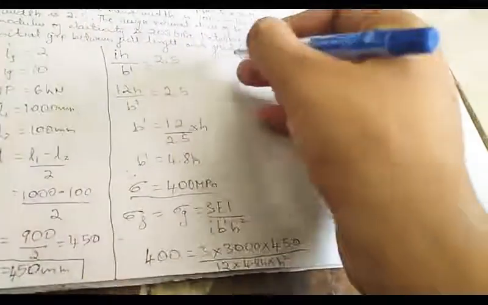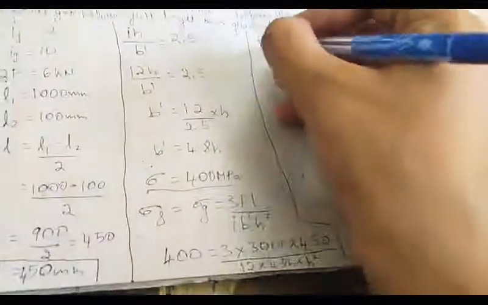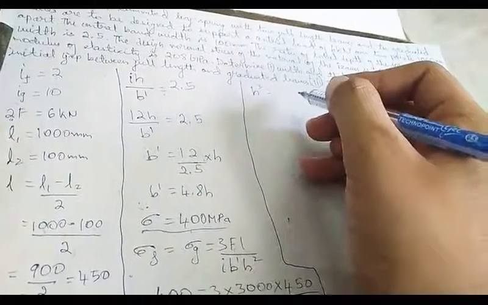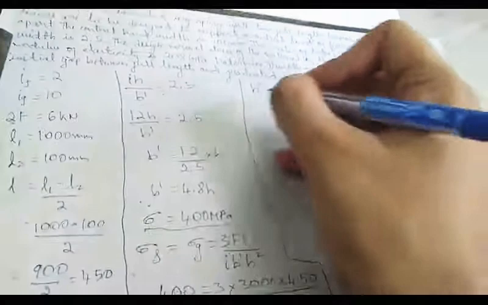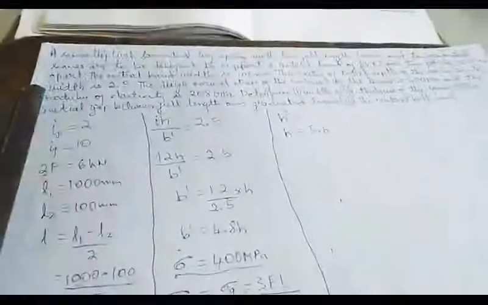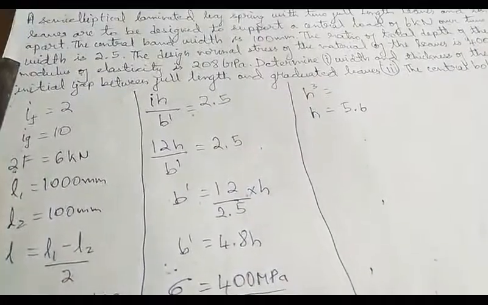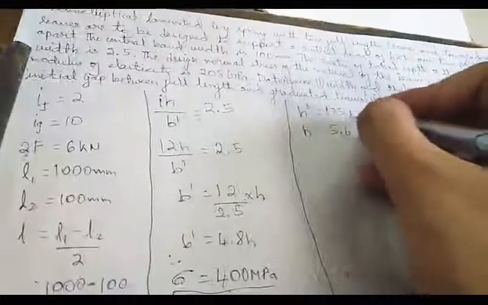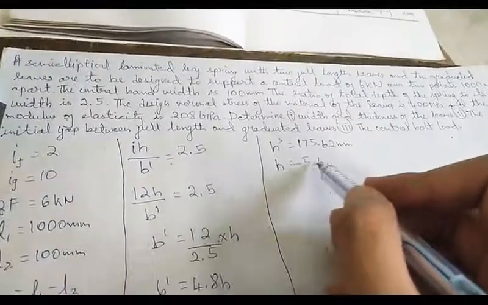Now I can find H cube from this formula. After finding, the value of H cube is 175.662 mm cubed, and if I take the cube root I will get 5.6.